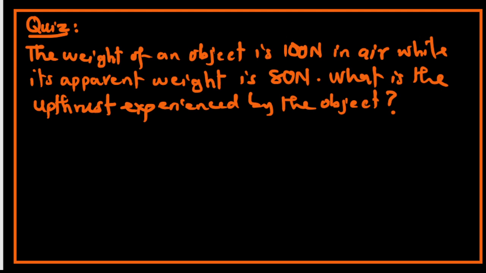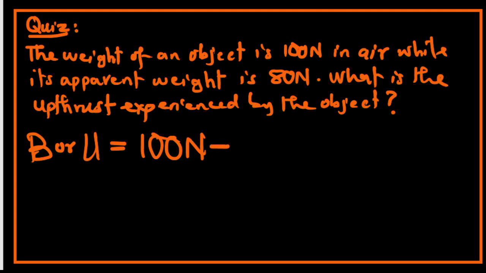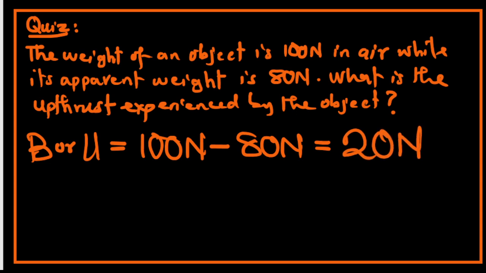Good. You are right. The upthrust is 20 Newtons. So you say U, which is upthrust. Some texts use B, B for buoyancy. We have 100 Newtons minus 80 Newtons, so that gives us 20 Newtons.